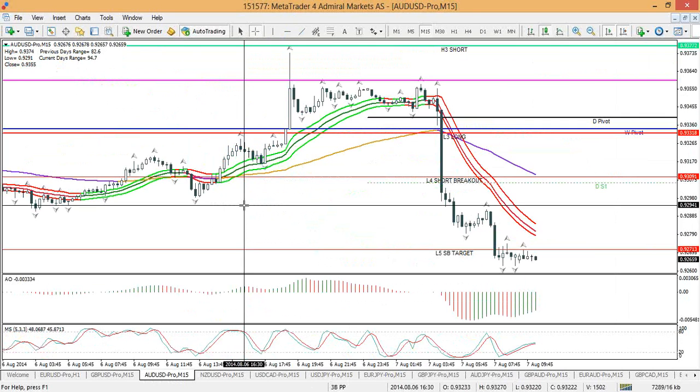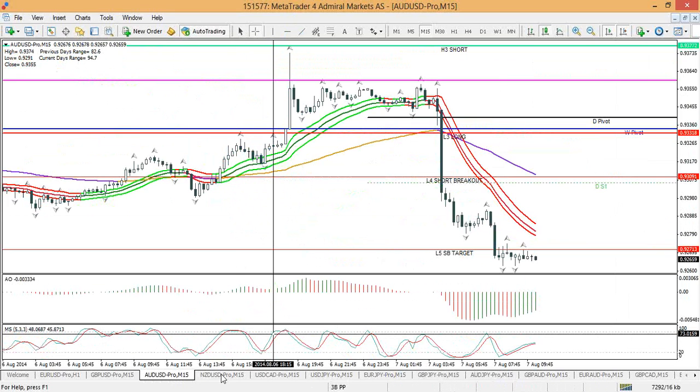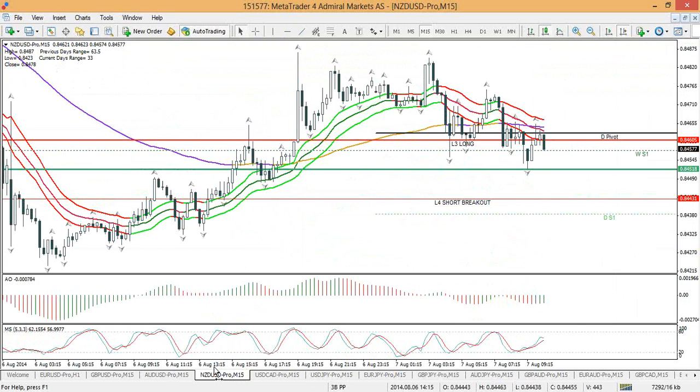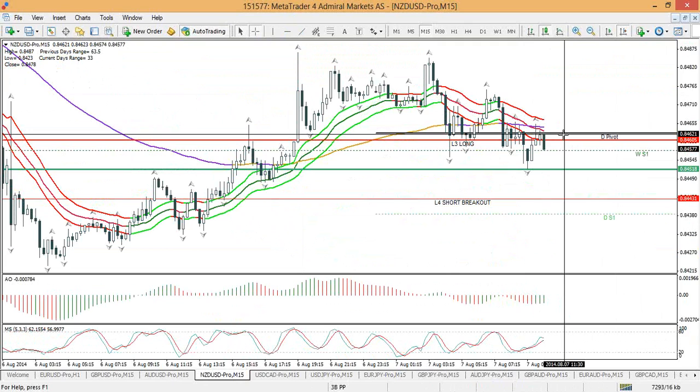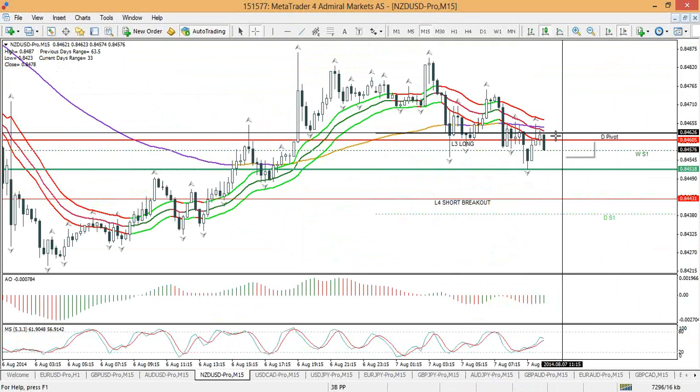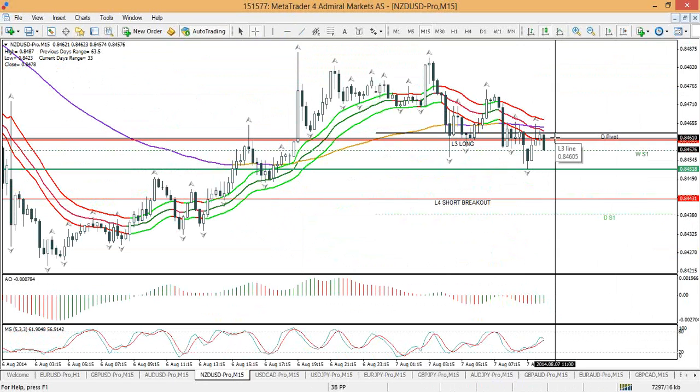My afternoon, New York session, New York morning. Kiwi finally moving a bit down. Let's hope it continues, 4.5 pips now from that. Or 3, depending where, 2.5 from this wick.